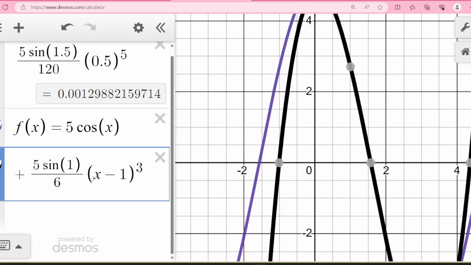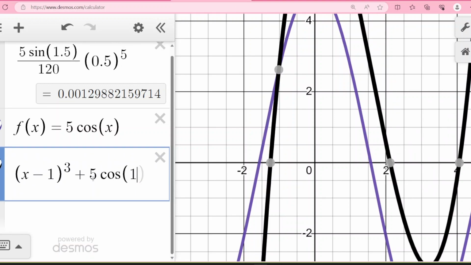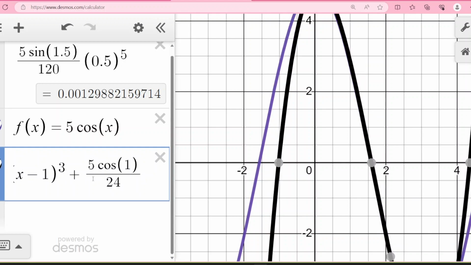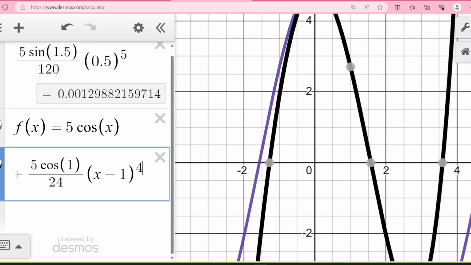And then finally, plus 5 times the cosine of 1 divided by 4 factorial, 24, times x minus 1 to the 4th power.